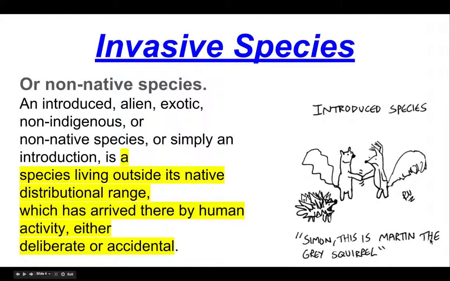Simon, this is Martin, the gray squirrel. The gray squirrel is on the right. Has anybody seen a gray squirrel in their life? Nah, not me. I don't think your mom, your dad, or anybody in your family has ever. Because this is an example of an invasive species. Its natural habitat is not in the United States.